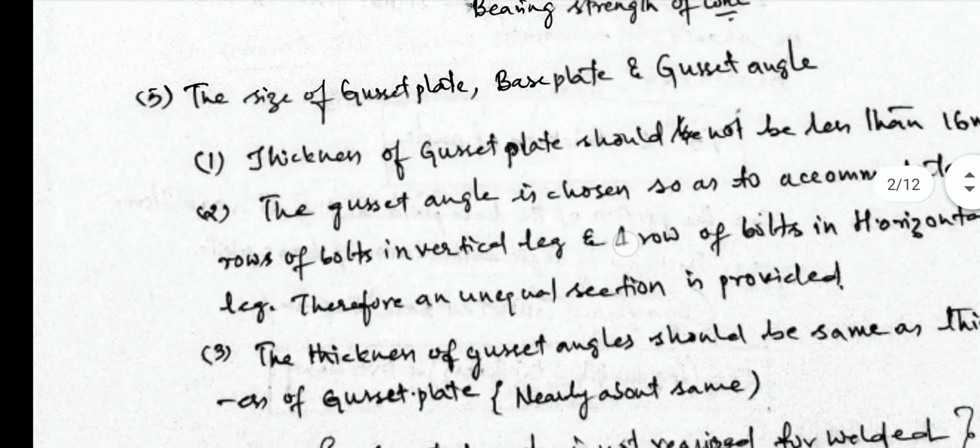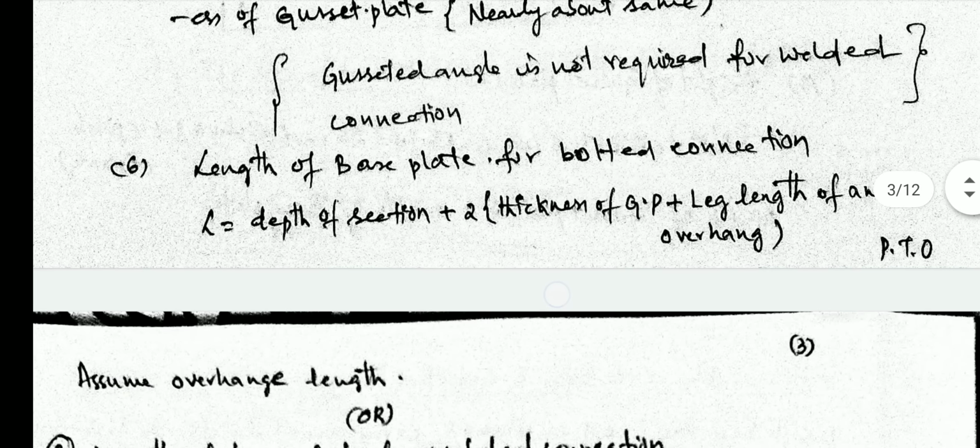In the formula given here: the depth of the section, plus 2 into the thickness of the cover plate if present, plus 2 into the thickness of the gusseted plate, plus the leg length of the angle connected with the base plate, plus the overhang. Here we assume the minimum overhang length is 5 mm. You can assume a minimum of 5 mm, not less than 5 mm. If you take more than 5 mm, it is better.